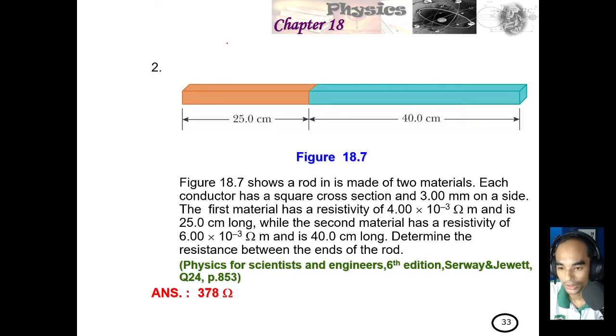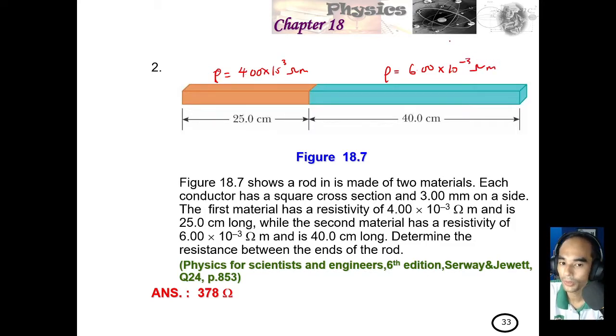So actually you have two kinds of resistivity. One here, the resistivity rho is 4.00 times 10 power negative 3 ohm meter. And over here we have resistivity rho equals 6.00 times 10 power negative 3 ohm meter.